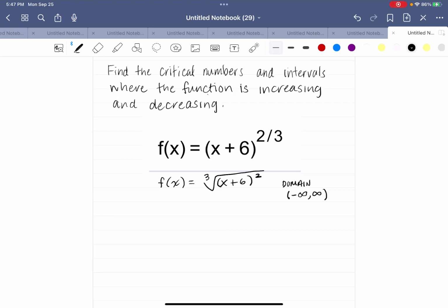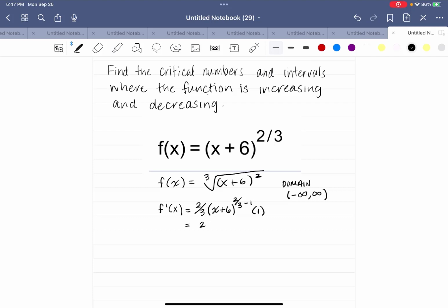So now we'll take our derivative. f prime of x is the power 2/3 times the base to the power minus 1, that's 2/3 minus 1, and then the derivative of our base is 1, but always think about that chain rule every time.